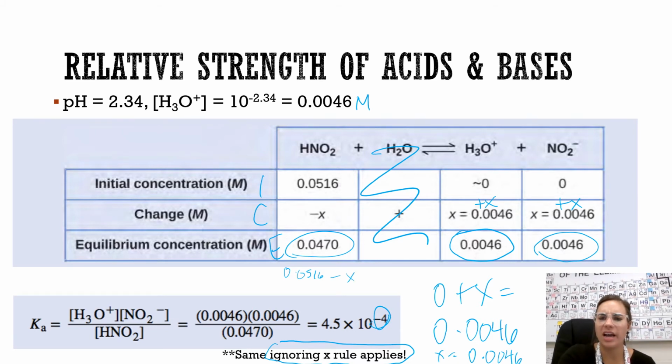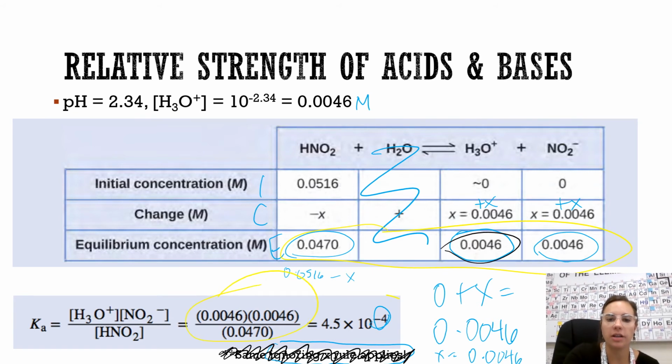I don't know why I have that put there, because in this one, we don't even have to worry about ignoring X because we know X. So just ignore that. In this example, we don't have to ignore X because we know X. We're going to plug our equilibrium concentrations into my expression, and that's going to give me my K value.